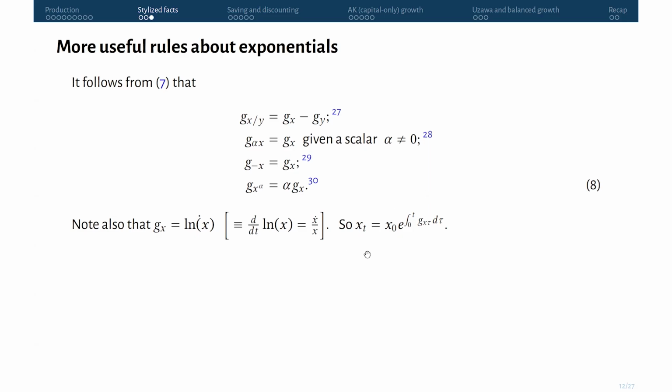You can just take the log of both sides. So log x equals some constant plus this integral of the growth rates. And that makes it clear that the absolute growth rate of log x will just be the growth rate of x at t, because that's the rate at which this integral is growing.